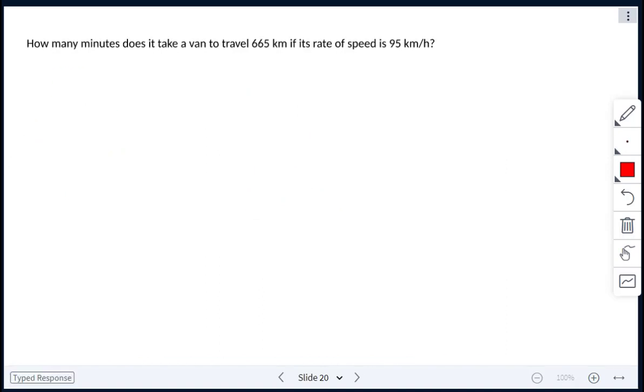Okay, so for this question, how many minutes does it take a van to travel 665 kilometers if its rate of speed is 95 kilometers per hour? So let's just list out everything we need to know for D equals RT. So D, we're given is 665 kilometers.